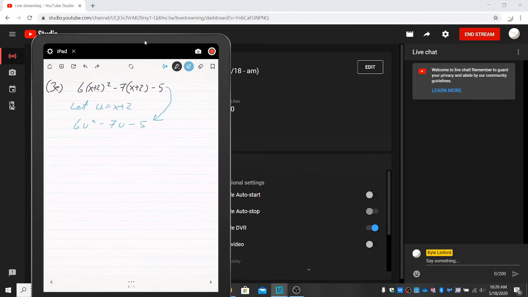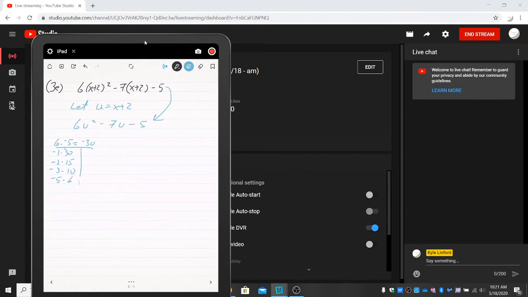Let's do AC method. 6 times negative 5 is negative 30. What are the factors of negative 30? Negative 1 and 30, negative 2 and 15, negative 3 and 10, and then negative 5 and 6.